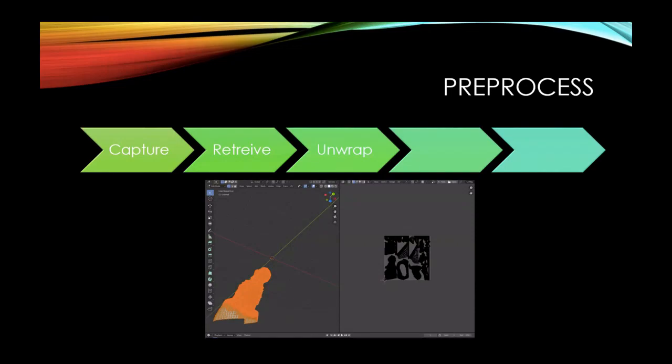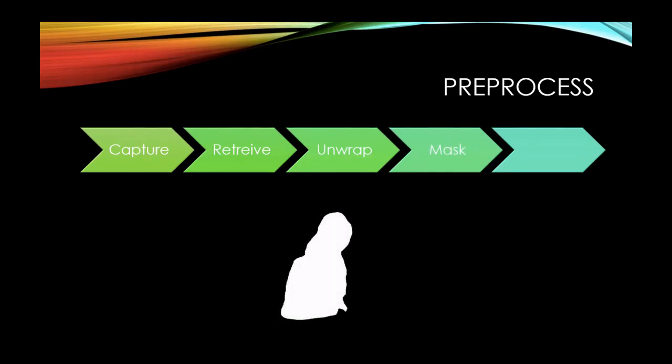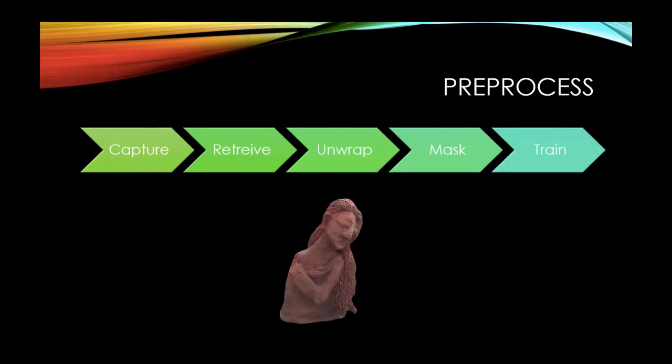This will give us the UV mappings for the retrieved geometry. We then generate masks from the ground truth images using off-the-shelf segmentation algorithms. In this case, we use U2Net for generating ground truth masks. Finally, we train the network with the ground truth images, masks, and the UV mappings.